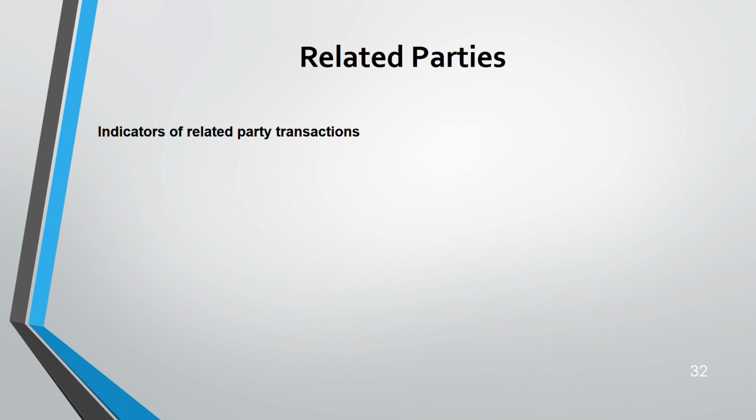Now, indicators of related party transactions. What are the indicators that say it's a related party transaction? You have to know this also. It's very important. First indicator, when a transaction is very complex. So in the scenario given to you in your exam, you have to check for these things. If a transaction is very complex, chances are the transaction could be between related parties.